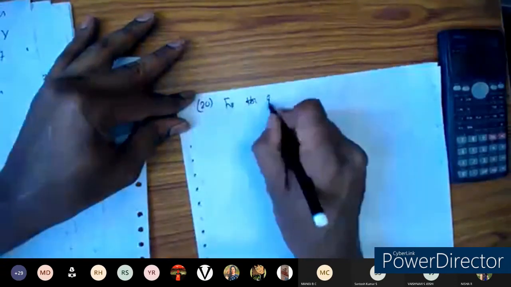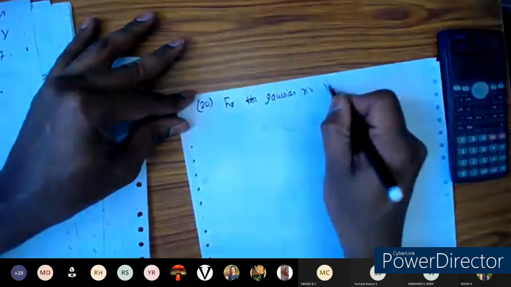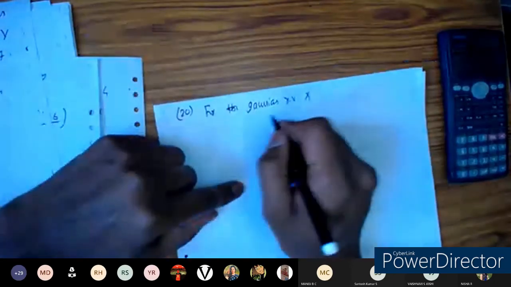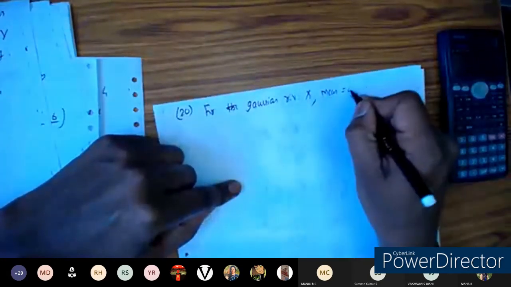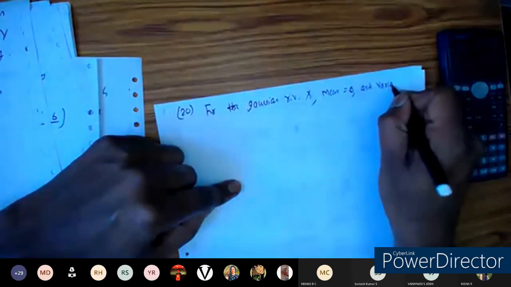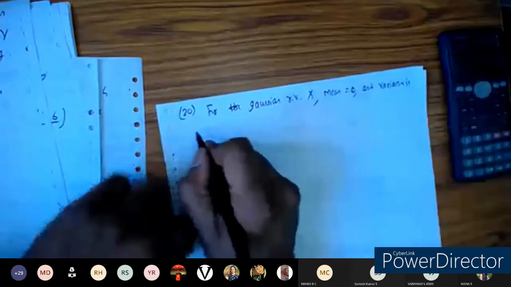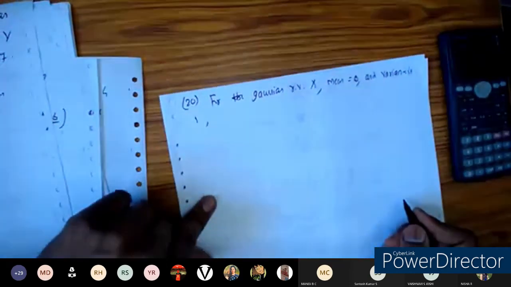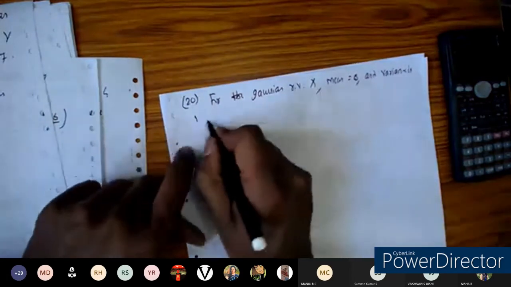For the Gaussian random variable X, the mean is equal to 0 and variance is 1.